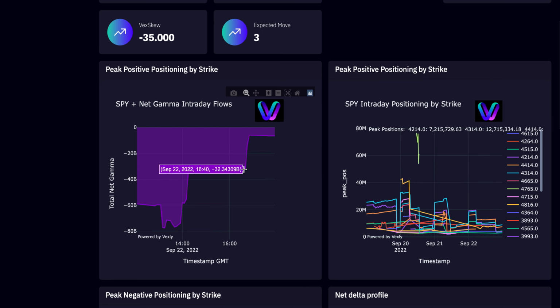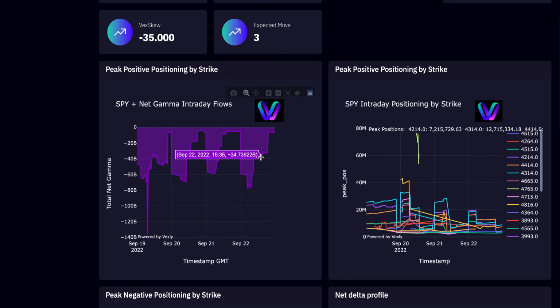One thing that is really interesting going into the close is this pickup. Us having this move right up is pretty interesting.